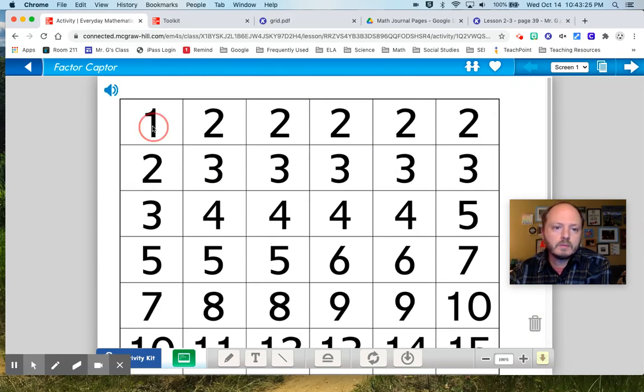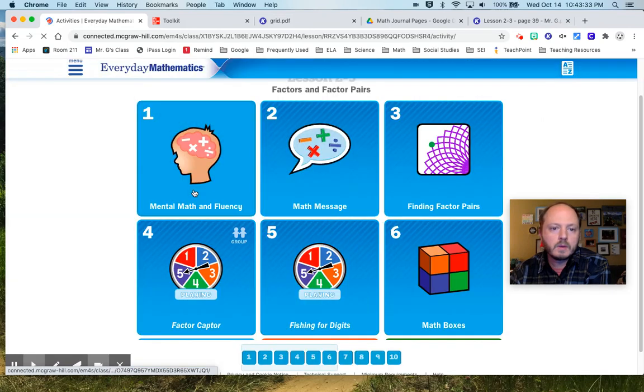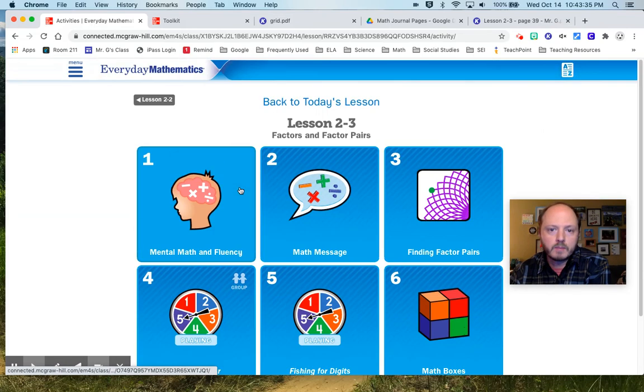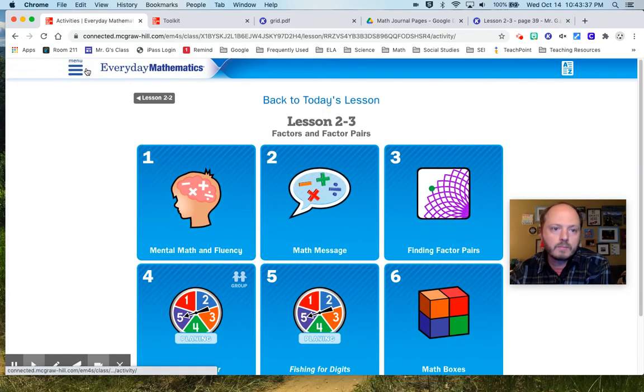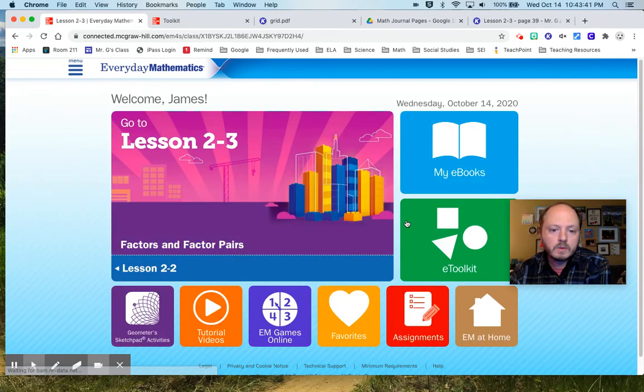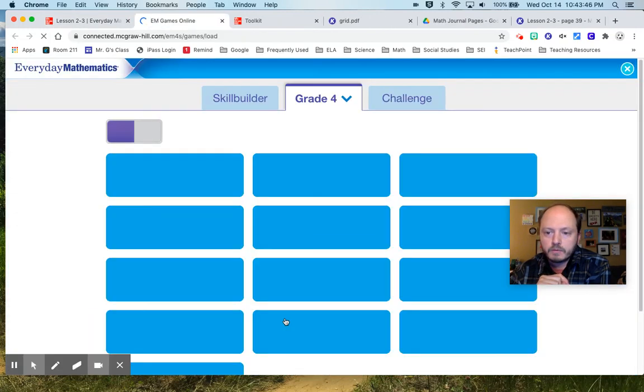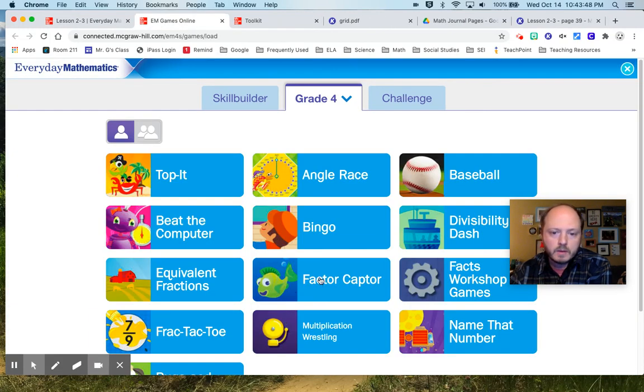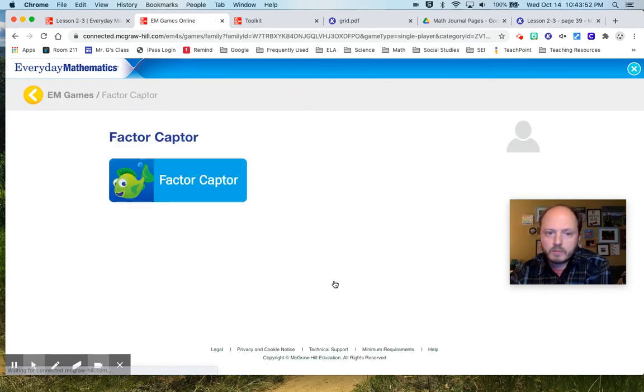But let's see. Oh, I see. You know what? This game is kind of the old-fashioned game for it. I want you actually to go to this right here for Factor Captor. And this right here is what I'm looking for.